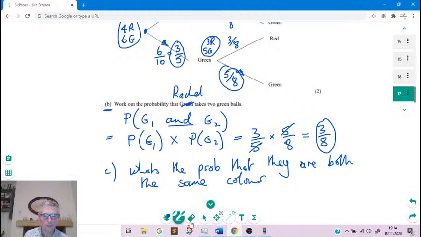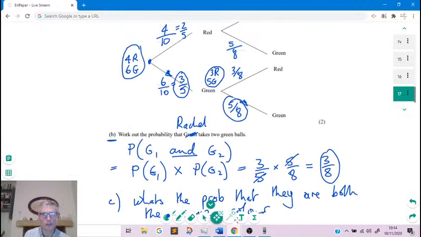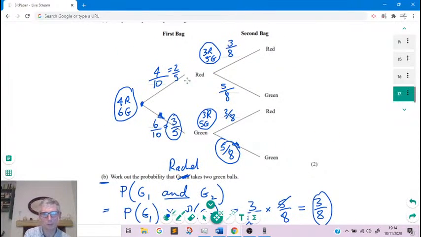So if we think about what that actually means, the way of getting two colours the same would be to go green, green, and we've already worked that one out, or we could go red, red.